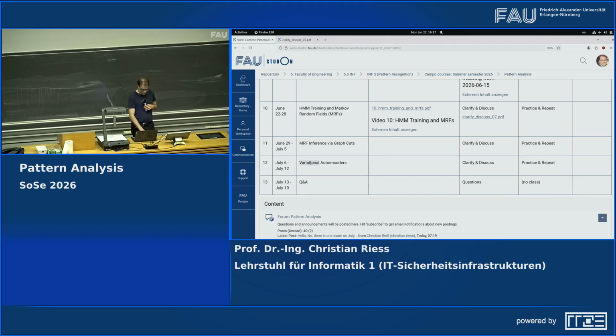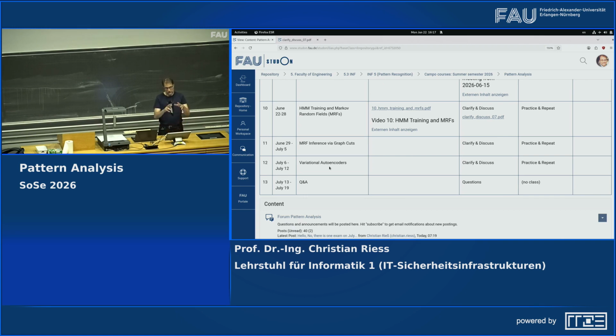And then in the 12th week, I will come back to this promise originally made that it might be interesting to have a look at the paper that proposed the variational autoencoders, because it actually uses a lot of the techniques that we learned about in class throughout the semester.